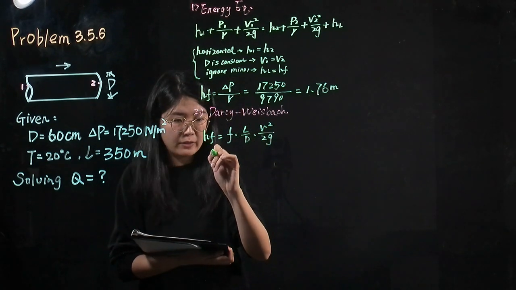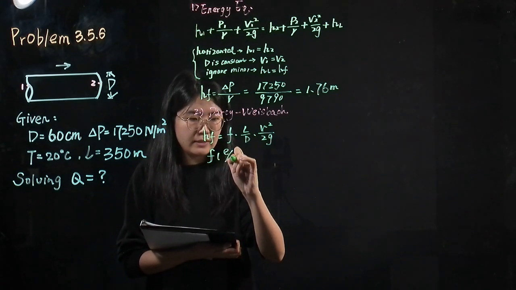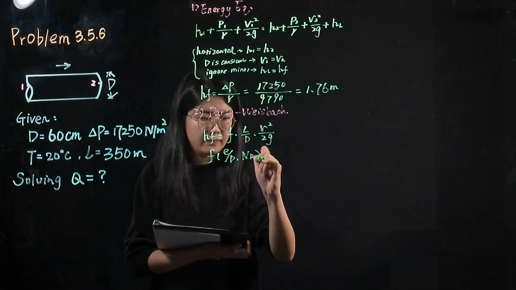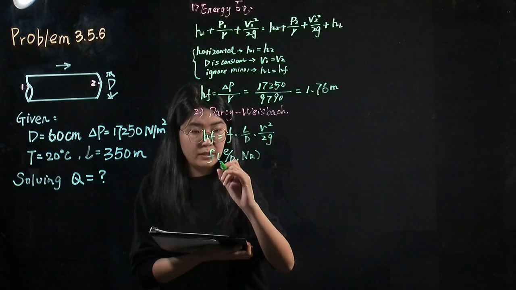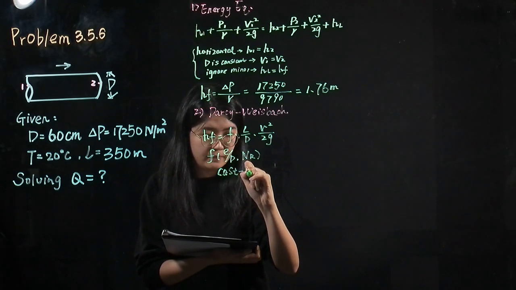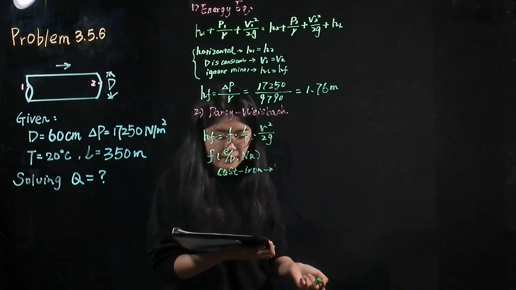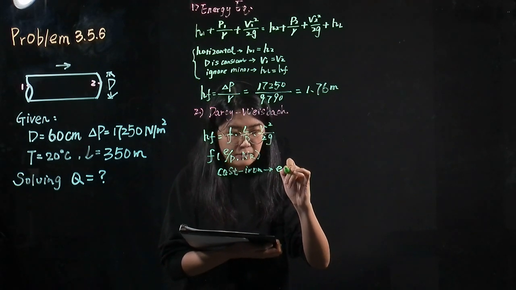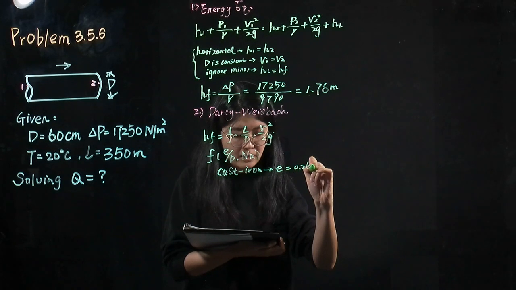The friction factor is determined by the relative roughness and the Reynolds number. Because it is a cast iron pipe, we can find the value of the roughness in the textbook, which is 0.26 millimeter.